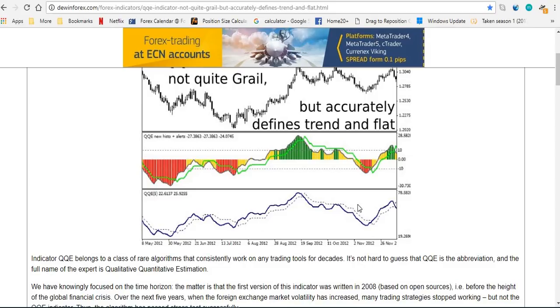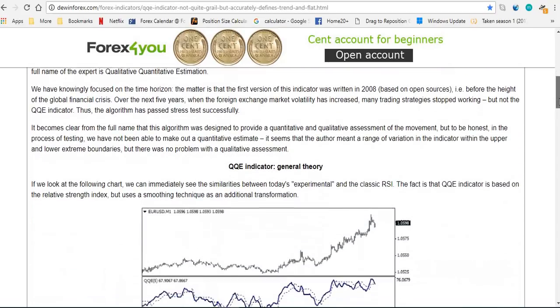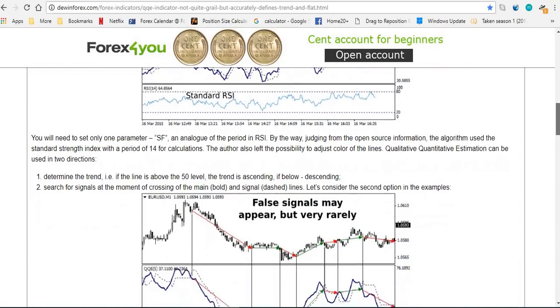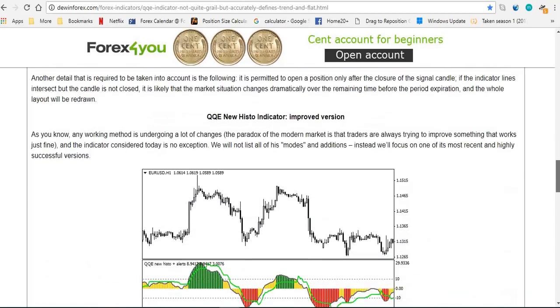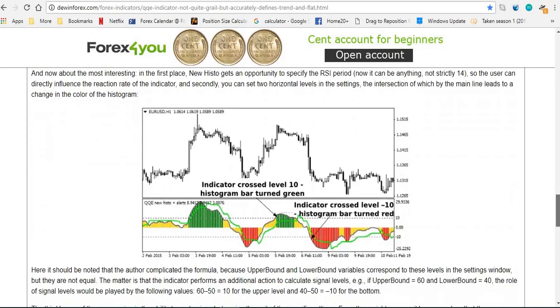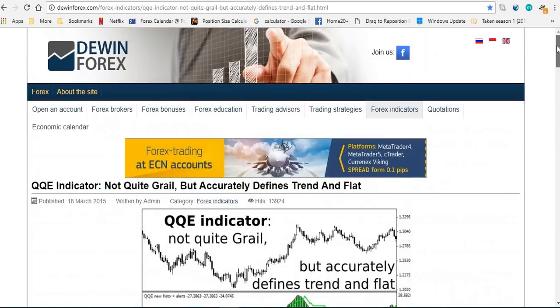This is what mine looks like, the bottom one. The actual web page I'm showing you describes this one, which is a bit more advanced, a bit more bells and whistles, but it gives you an idea about the QQE itself and how it works. Way too technical for me, above my pay grade, but you can read that, and I'll put the link in there if you want. All I know is there's a couple of lines crossing, and that'll do me.